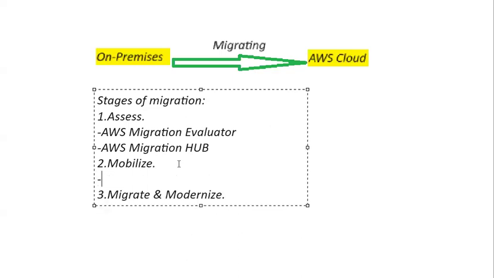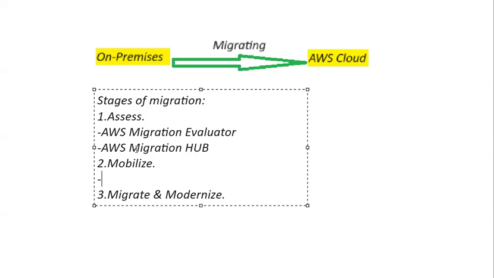It's like an inquiry center at a police station, where you can collect all the data from on premises. It acts like a central hub. What is that? Migration Hub.